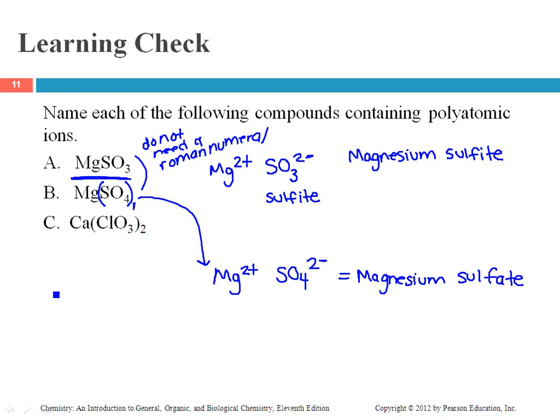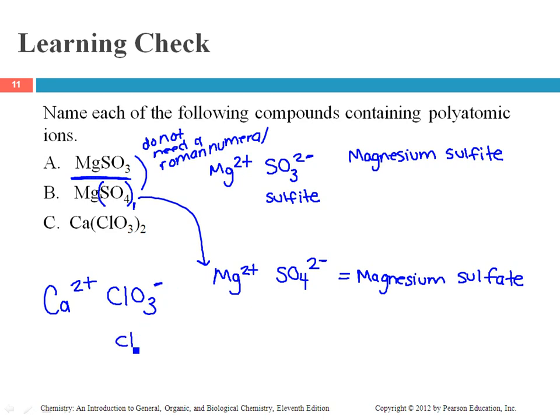Okay, for C we have calcium, which is also a group 2A metal, so we're not going to need a Roman numeral. And then we have ClO3. So we need to go find this on our polyatomic ion chart. When you go down, you'll see that you have ClO3-, so it's got a negative charge.